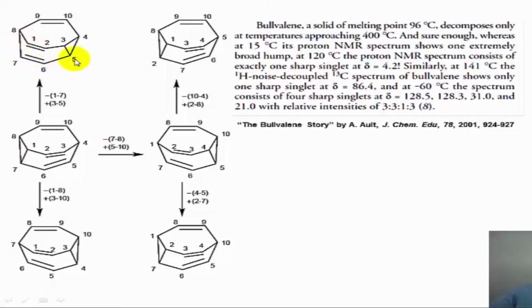So one can break any one of the cyclopropyl bonds and take a pair of vinyl groups that are attached to the cyclopropyl bond and rearrange it such that a new cyclopropyl group is formed with the rearrangement of the pi system, and this is what is known as the 3,3 sigmatropic rearrangement, particularly known as Cope rearrangement in this case. There is a nice article in the Journal of Chemical Education by Ault. It is called the bullvalene story, and it makes very interesting reading to understand the 3,3 sigmatropic rearrangements that can take place in bullvalene.